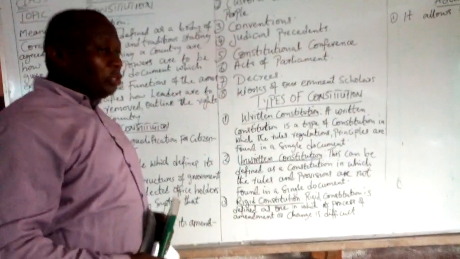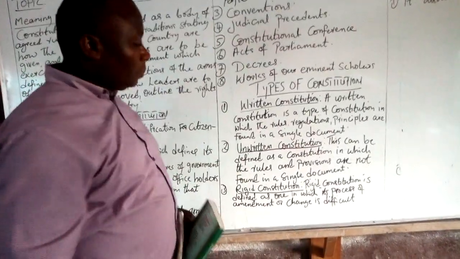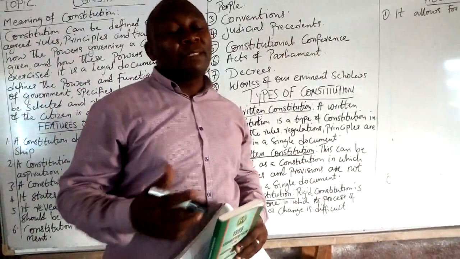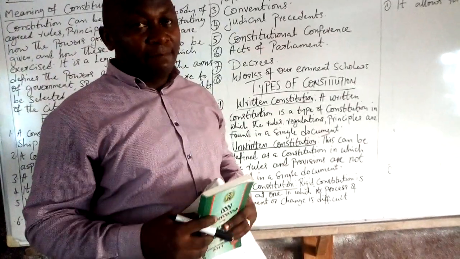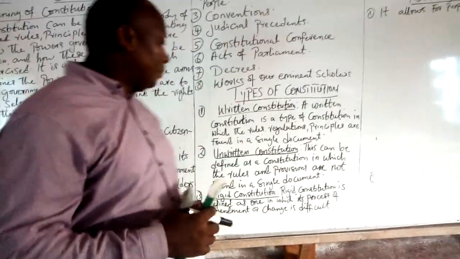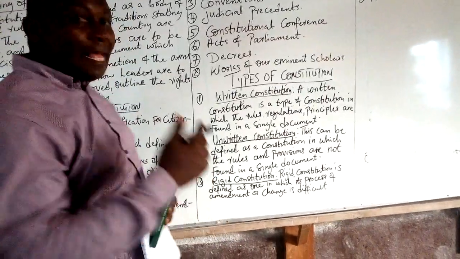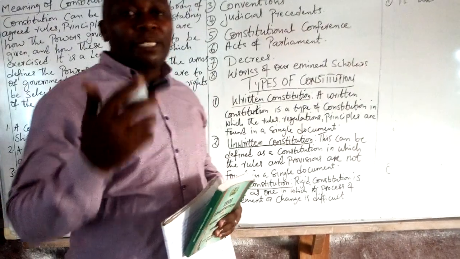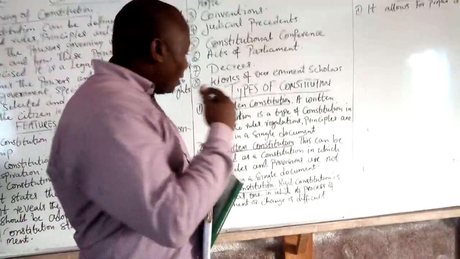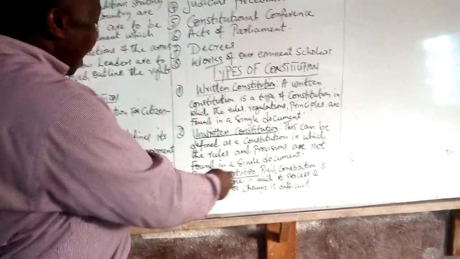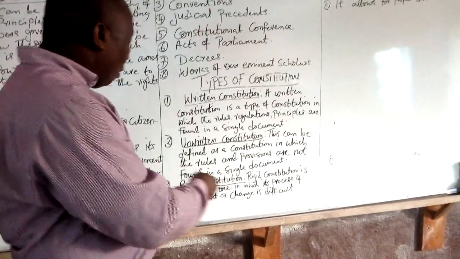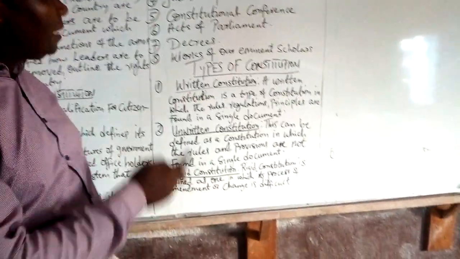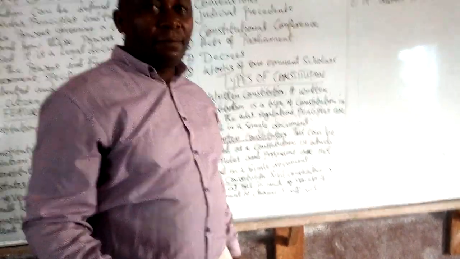Another type of constitution is the rigid constitution. A rigid constitution is somewhat the same as the written. What makes a constitution rigid is its process of amendment. We can define a rigid constitution as one in which the process of amendment or change is difficult or rigorous.